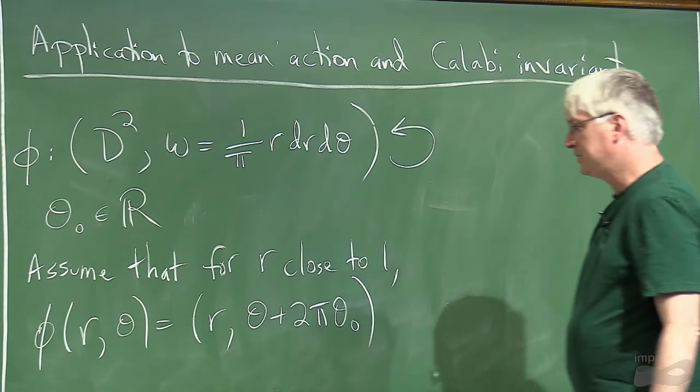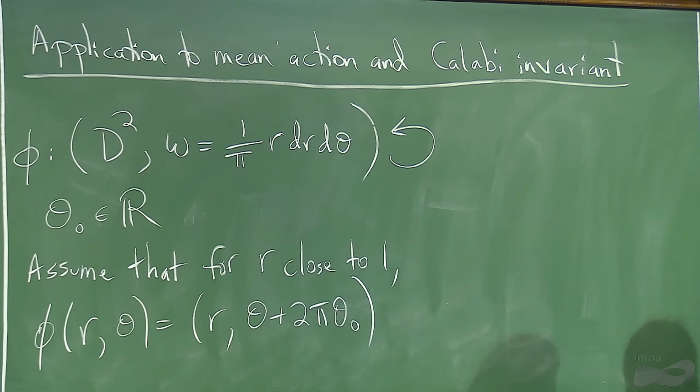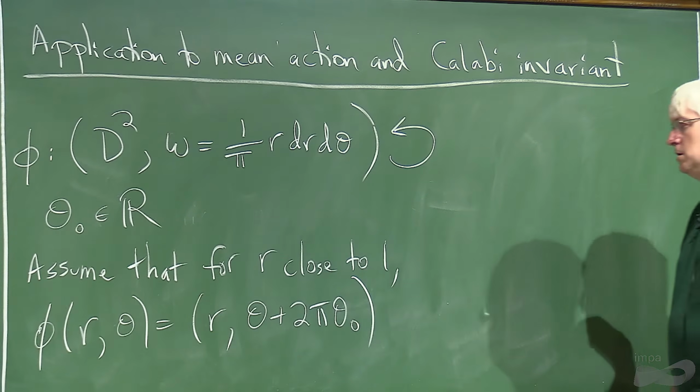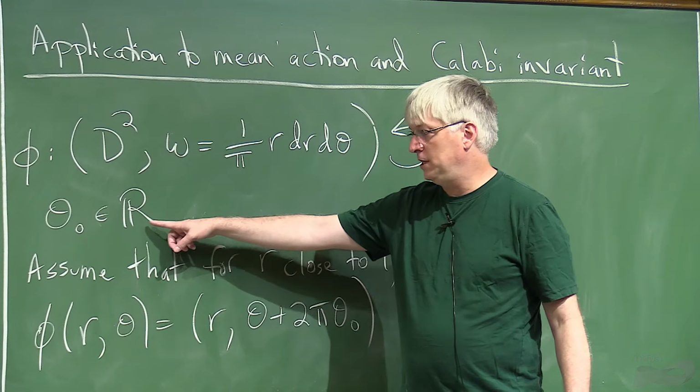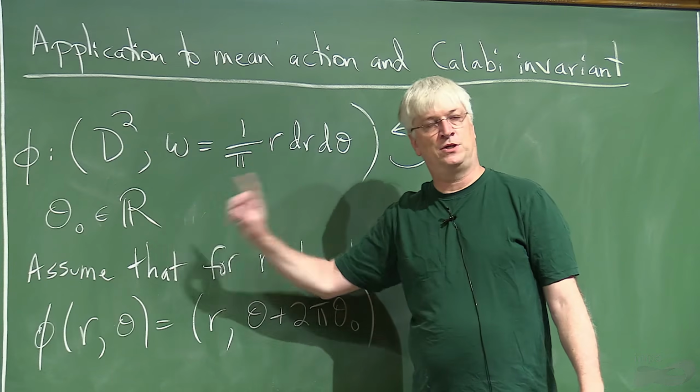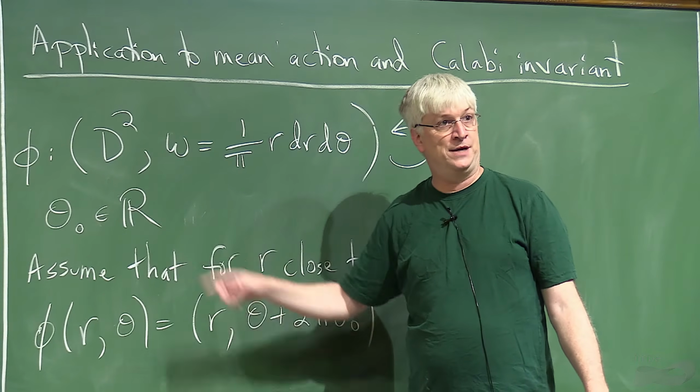So the map is a rigid rotation near the boundary of the disk. To write this equation I would only need theta 0 in R mod the integers, but I actually want to fix a real lift of the angle.